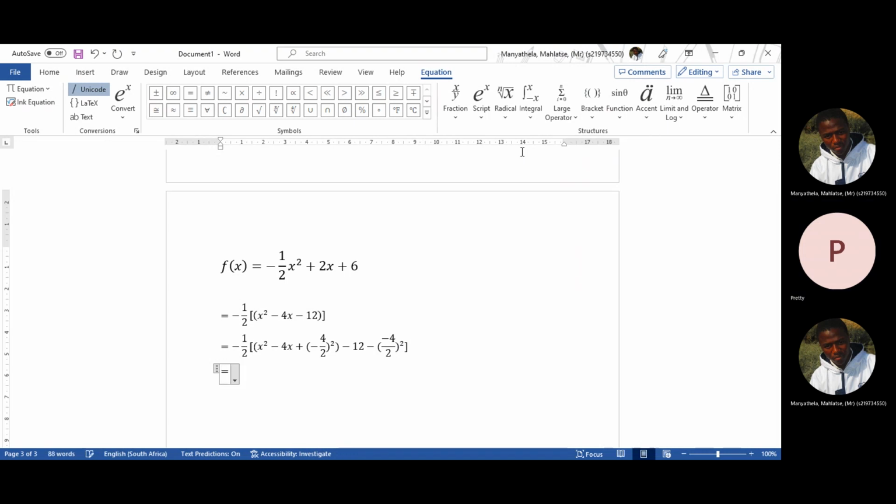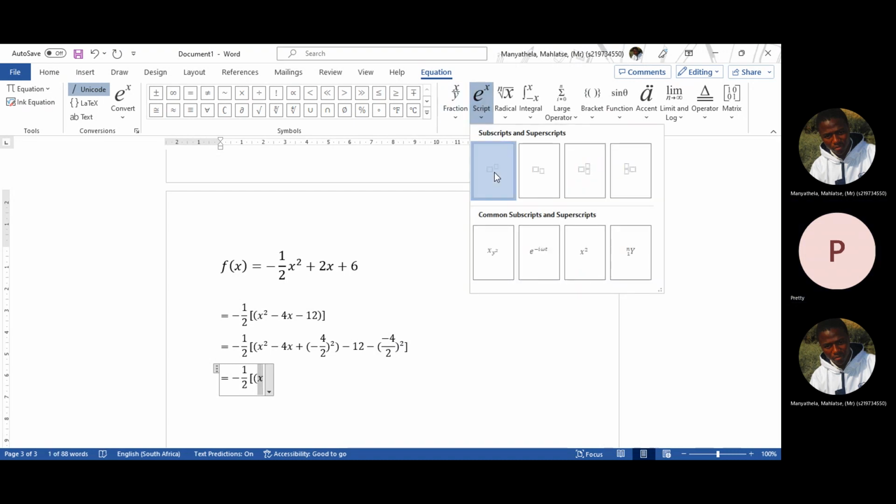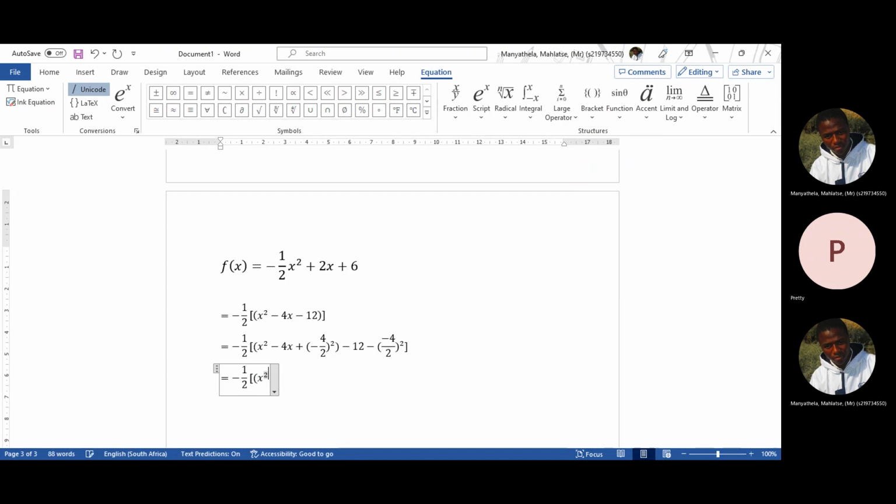Minus 4 over 2 squared, what does it give?